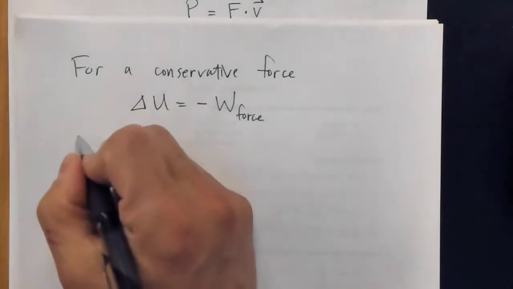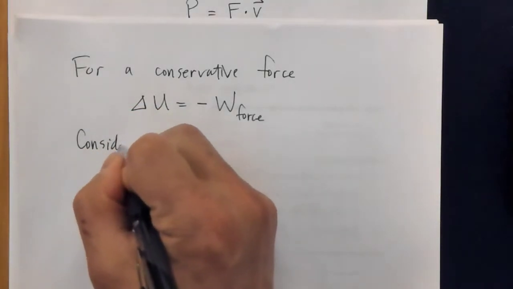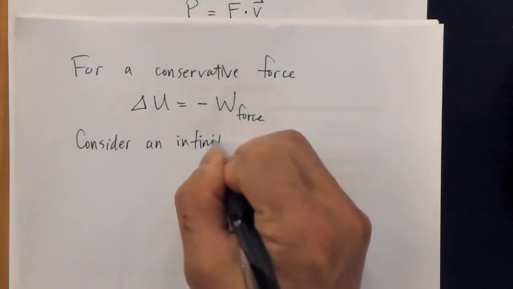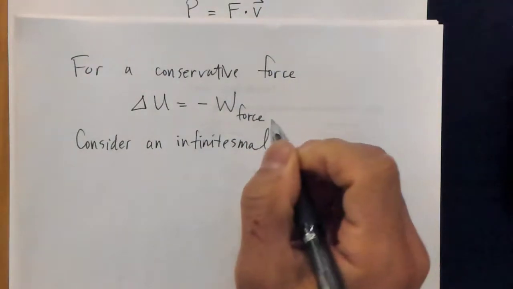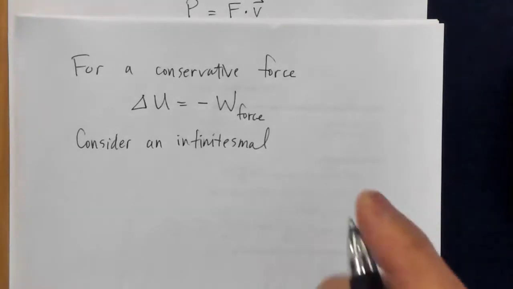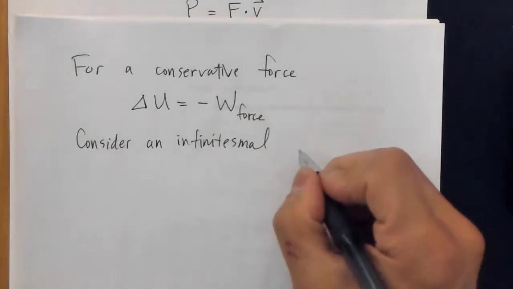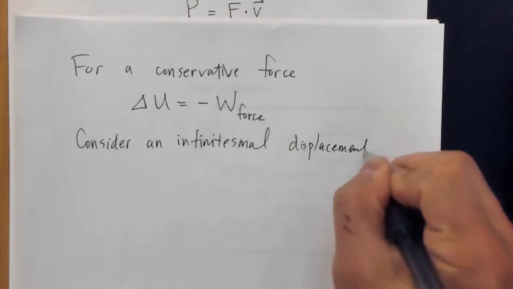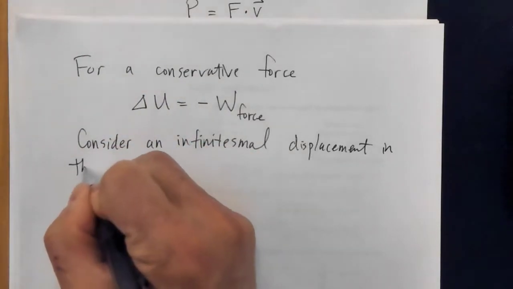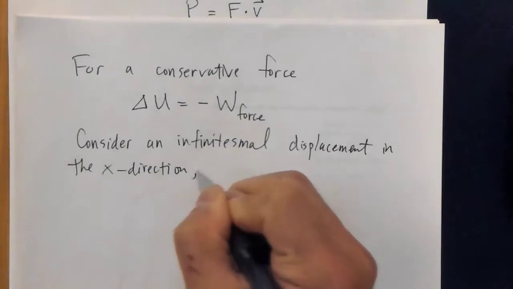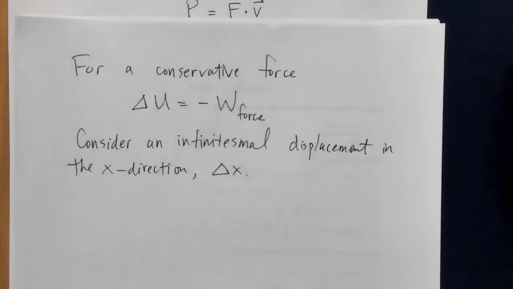And let's consider a small, and what we call infinitesimal, that's the word we use in calculus all the time. Very small, and you take the limit as the smallness goes to 0. So consider an infinitesimal displacement, let's say in the x direction, and we'll call that little change delta x.